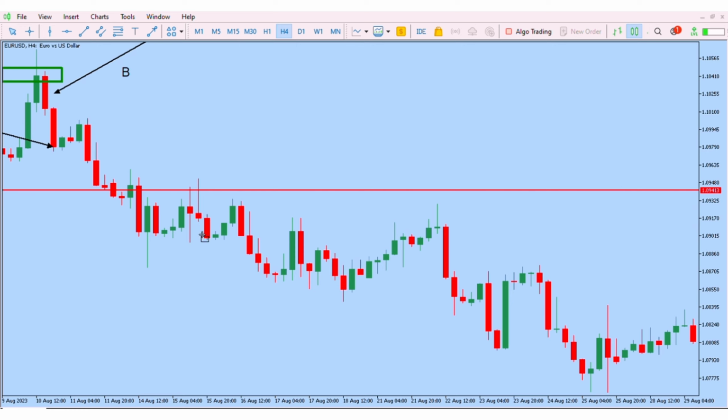Here, there was indecision in the market. At the close of this bearish candlestick is our first sell entry. At this point, conservative traders will get their chance.